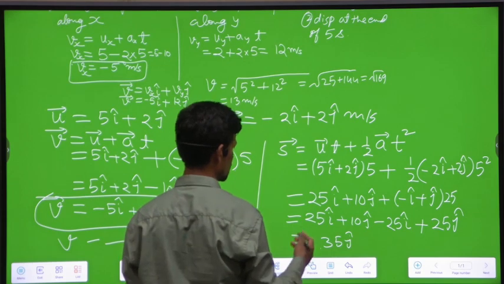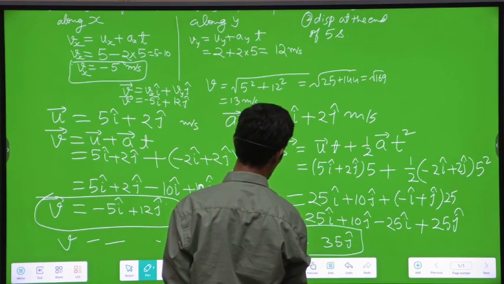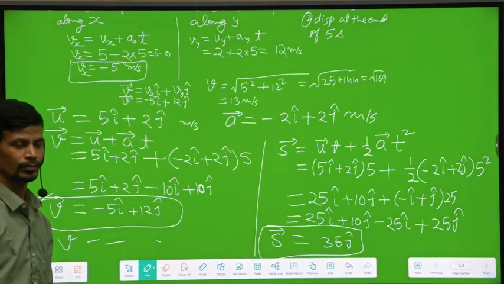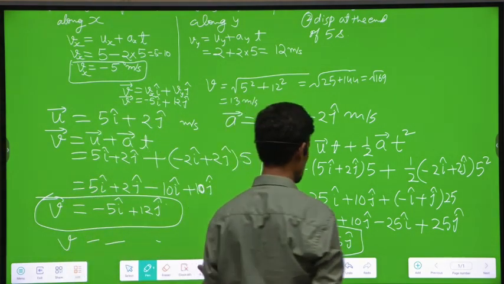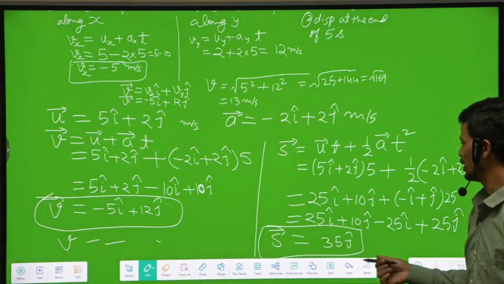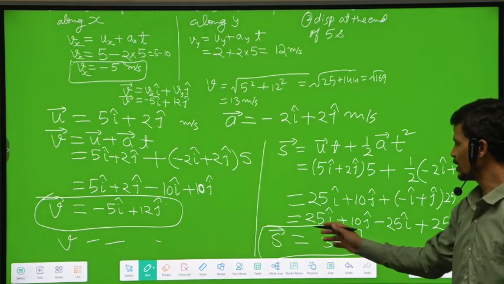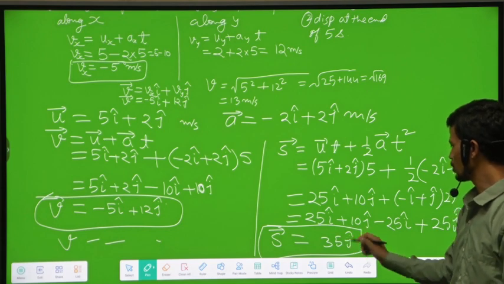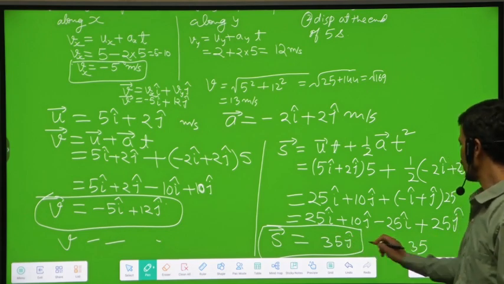Final motion is along the y axis only. That's surprising, but that's true, and you can solve it your way also, and you will find that the result is this. And if we want to find its magnitude, no need to do square root, because it is a single term. So s is equal to just 35 meter.